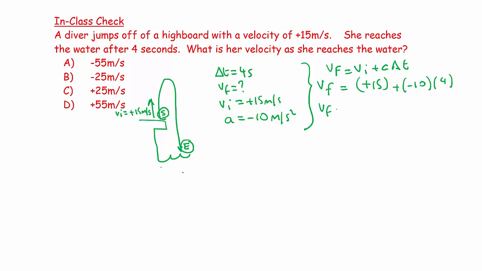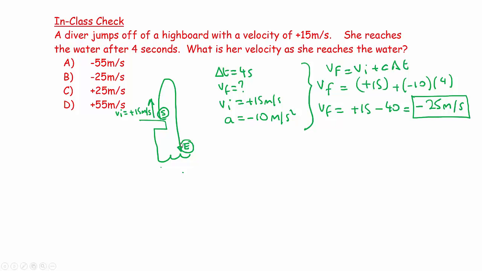So VF is equal to plus 15 minus 40, which equals minus 25 meters per second. And that minus sign is reassuring because it needs to be minus because she's actually going downwards at the end. So practice, practice, practice on these.